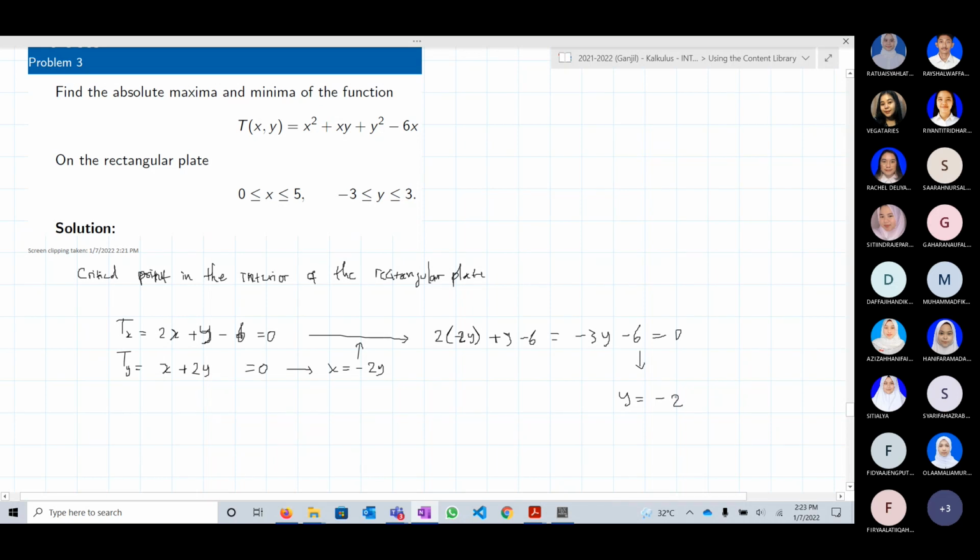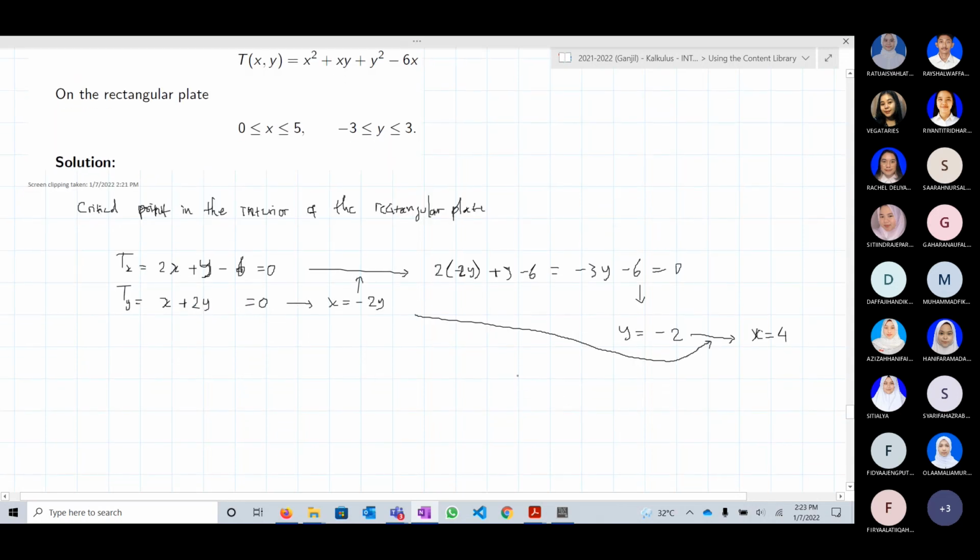So we plug in this value, and we have that x is equal to 4. So this is the only critical point.